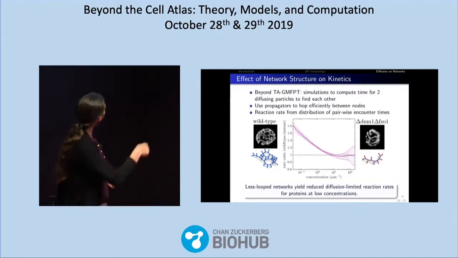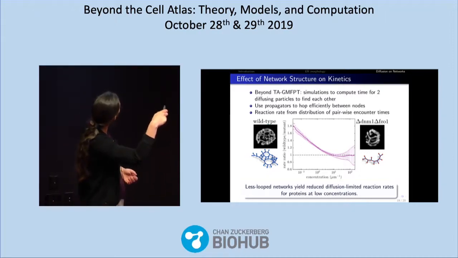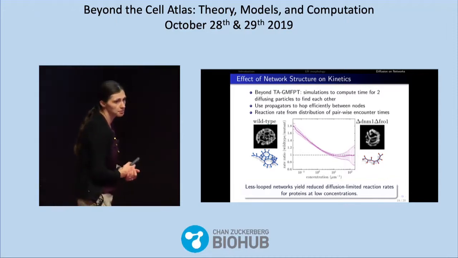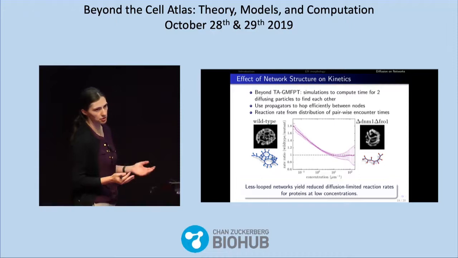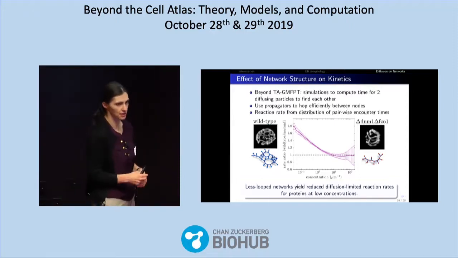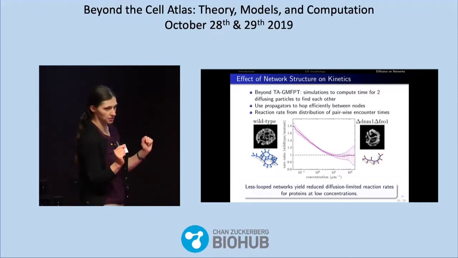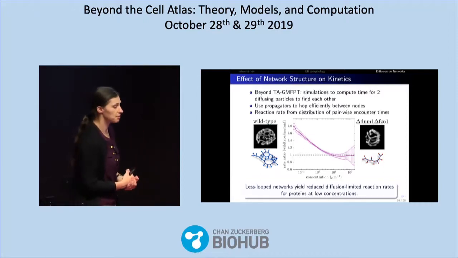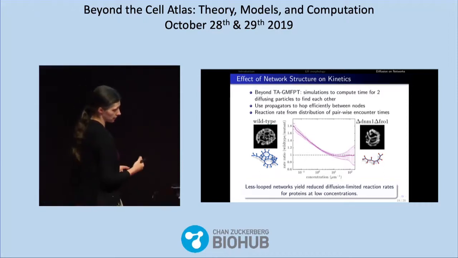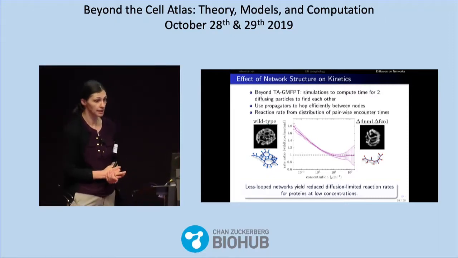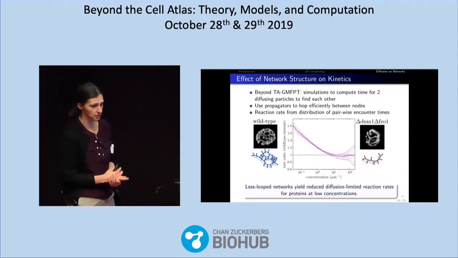So that's plotted here, the ratio of the search rates on wild-type versus mutant mitochondrial networks. And you can see that if you have particles at high concentration, the network structure doesn't matter. You're going to have a reaction rate that's quite fast, just based on how quickly particles find near neighbors in the same tubule. If you have particles at low copy number within these networks, low concentrations, below about 1 per micron or so, then that overall network structure is going to have a big role to play.